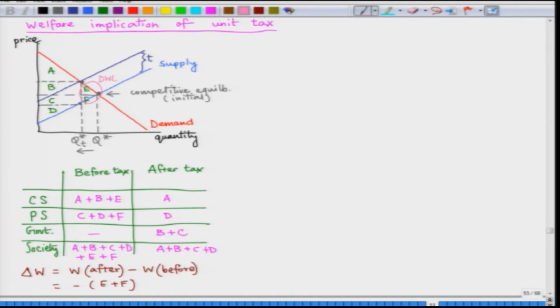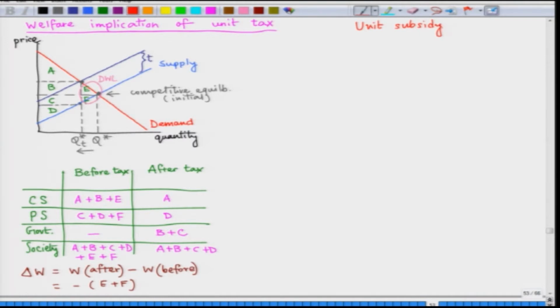Okay. So, we have some time left, and in the remaining time I would like to briefly talk about one more issue, and that is the issue of subsidy. So, we will see that unit subsidy case is basically very simple to understand, because we have already discussed the unit tax case in great detail.